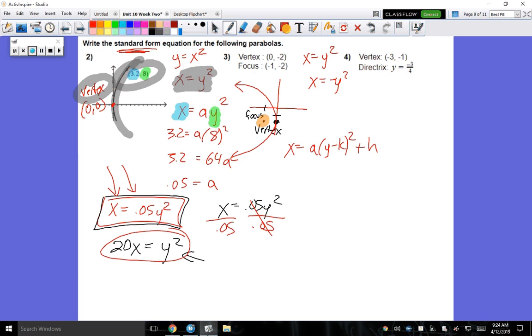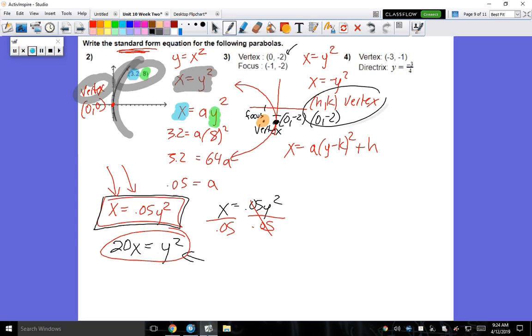Again, (h, k) is my vertex. So h is that x value of 0, and k is that -2 value for my y. So remember, this was (0, -2) as far as my vertex is concerned.